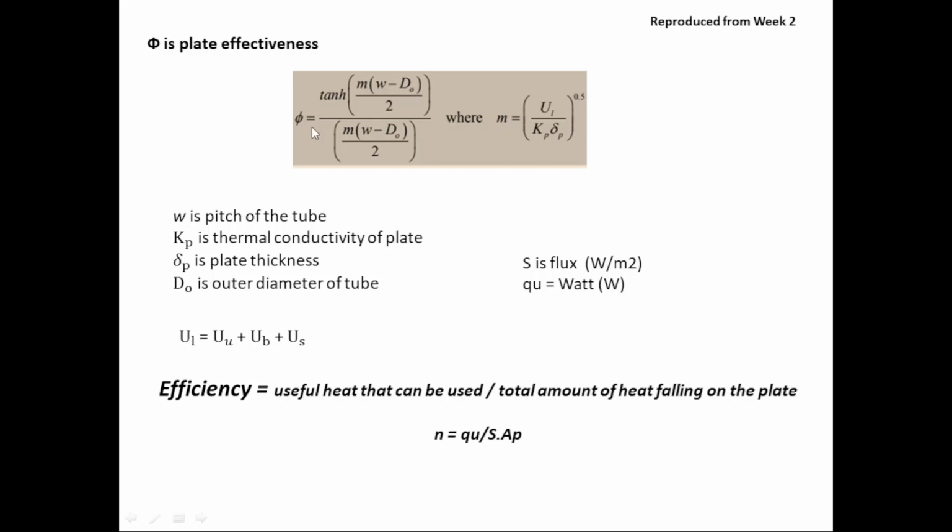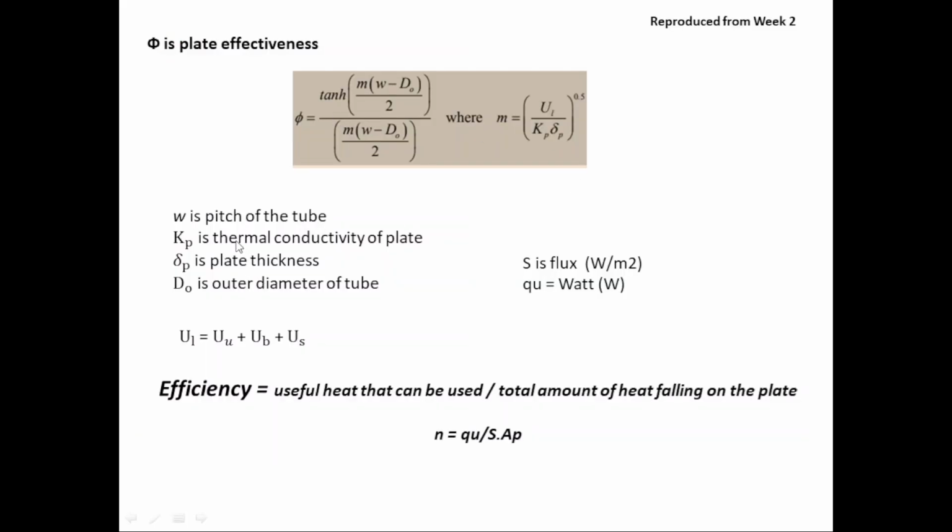Here you can see the formula. So phi is nothing but tanh of m into (W minus D naught)/2 divided by m into (W minus D naught)/2. What is your m? m is nothing but the square root of UL divided by Kp delta P. Kp is the thermal conductivity of the plate, and delta P is your plate thickness.